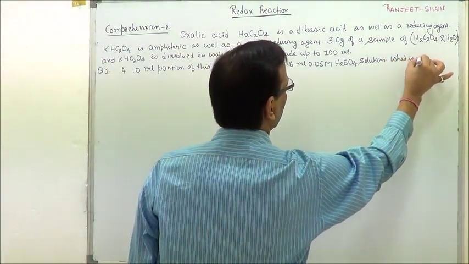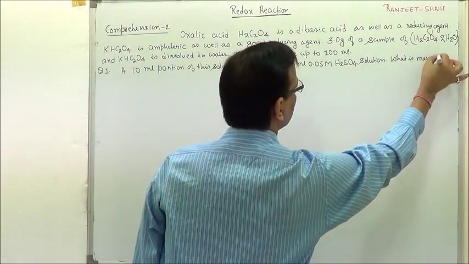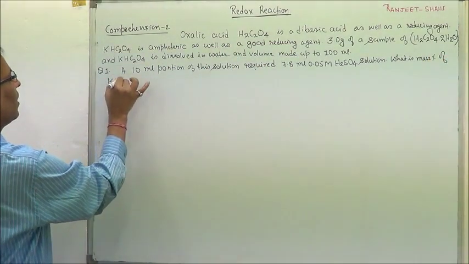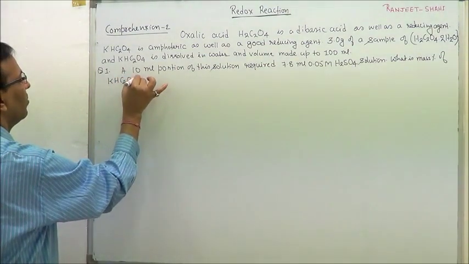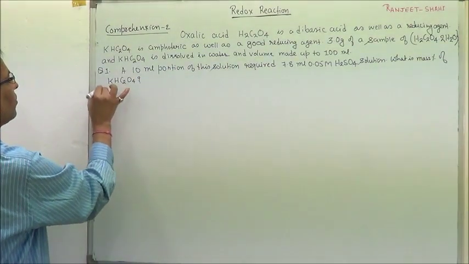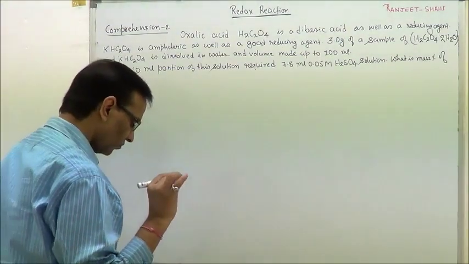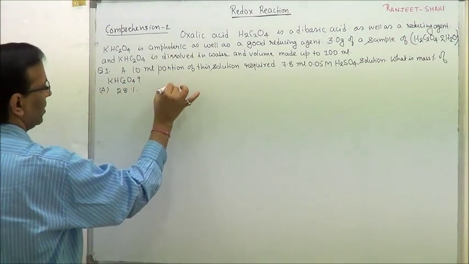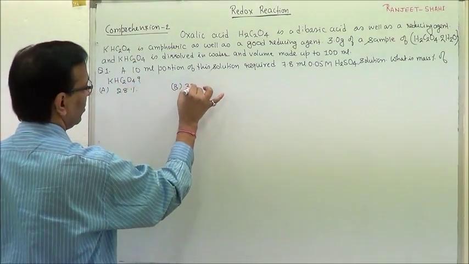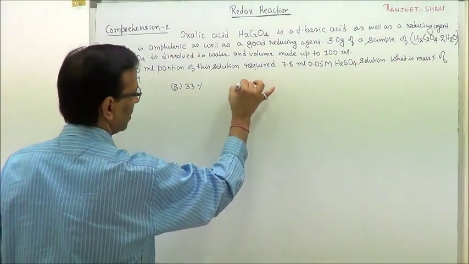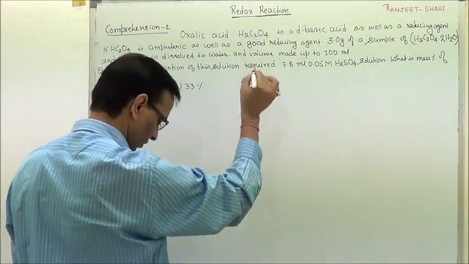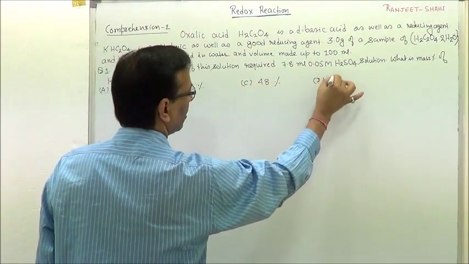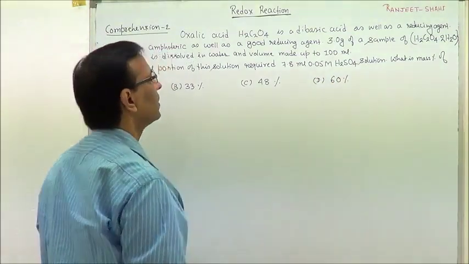What is the mass percentage of potassium hydrogen oxalate? And the options are 28%, 33%, 48%, and 60%.